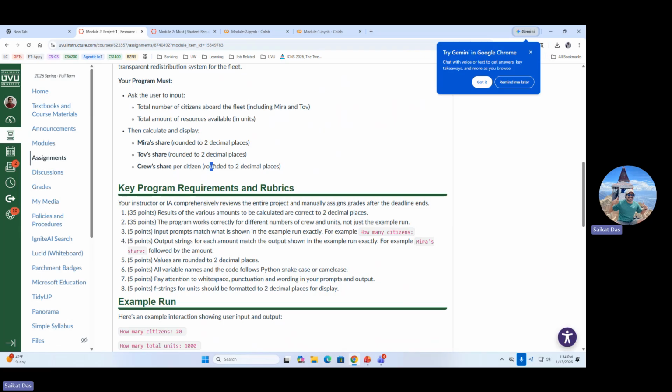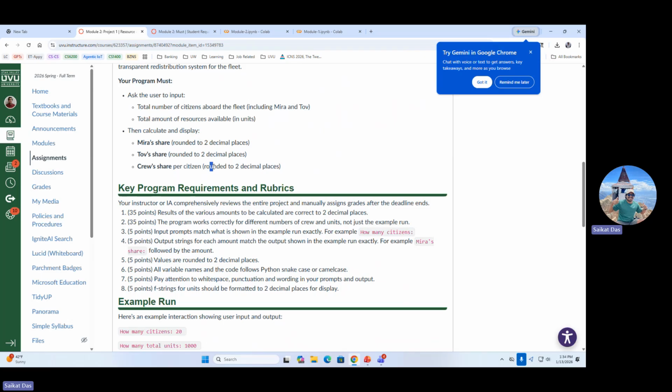Crew means excluding Mira and Toph. That means we need to add 3 points here. So we have 36.62. Don't forget to add those 3 points that you already gave at the very first. That means the value will be 39.62, right?